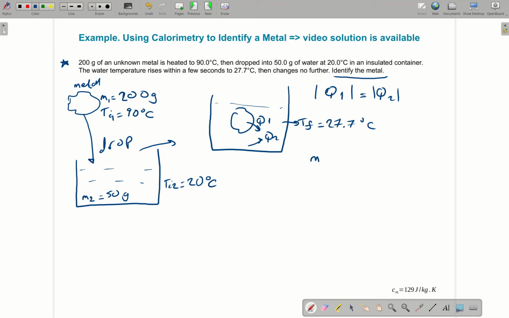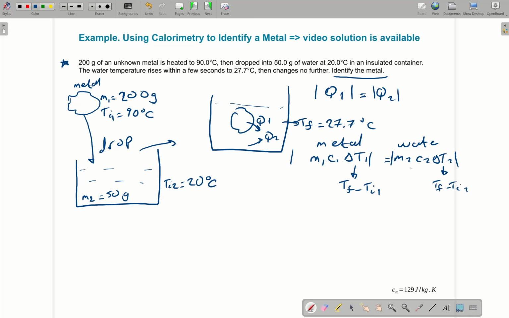So you simply say M1 C1 delta T1 is equal to M2 C2 delta T2. Delta T1 is for the metal, this is the metal, this is water. It will be negative, you ignore the negativity, and delta T is always T final minus T initial. They have the same T final, but different T initial. So you'll say here T final minus T initial 1, here T final minus T initial 2.